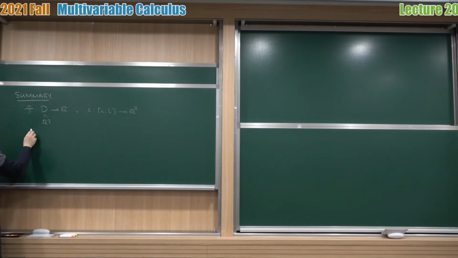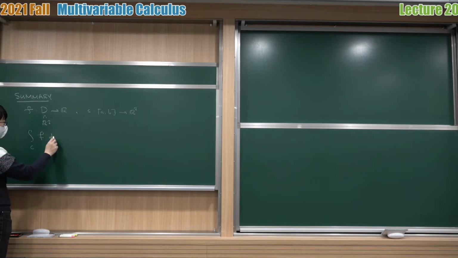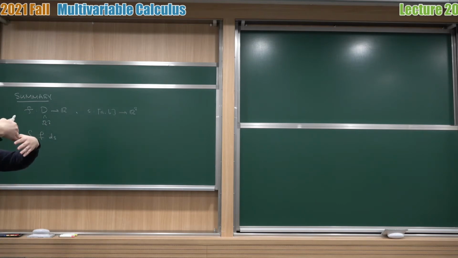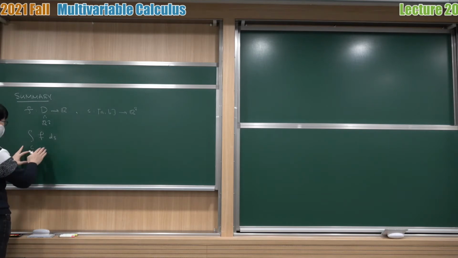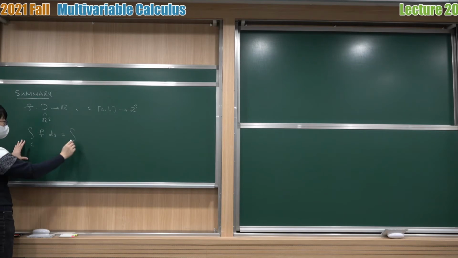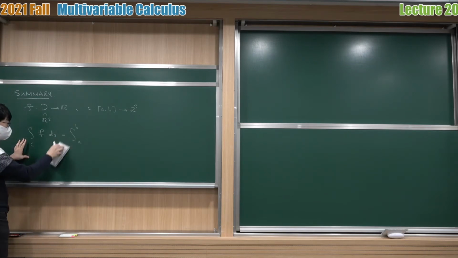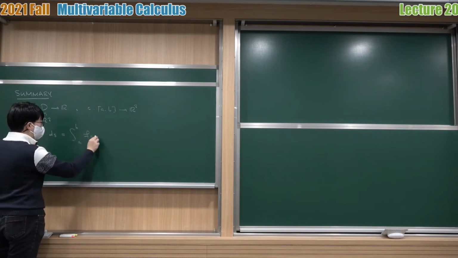And if you want to integrate these two variable function over this curve, that means we are trying to get an area under the section of a graph over this curve. So it's a two-dimensional area. And it is written in this symbol, and we are going to define or calculate this integral by f composite c.